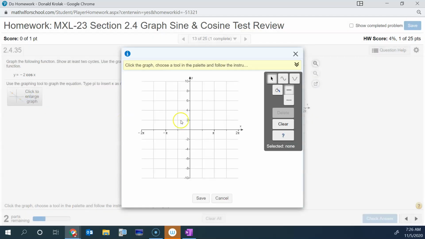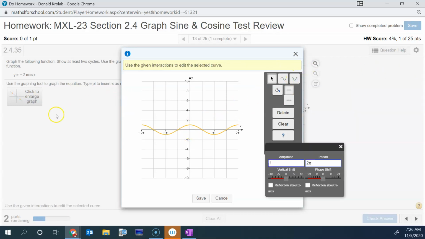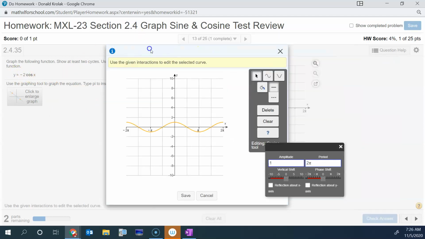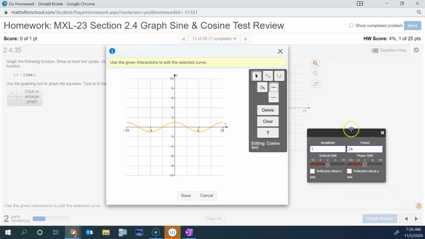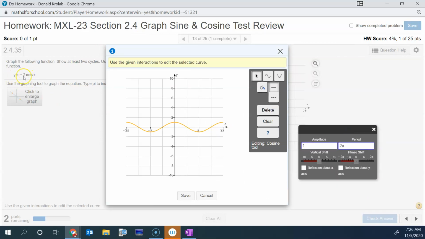All right, next one, we got ourselves a cosine. So, Araceli, what do we have to do to this cosine on mine? Amplitude, okay. And what am I going to type in there? 2, okay.